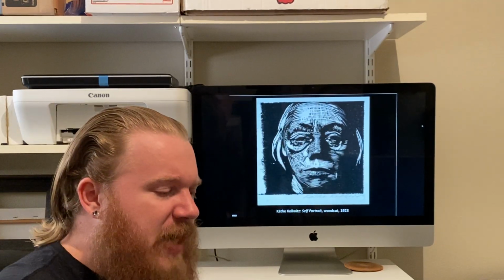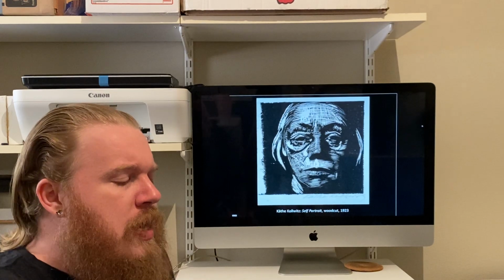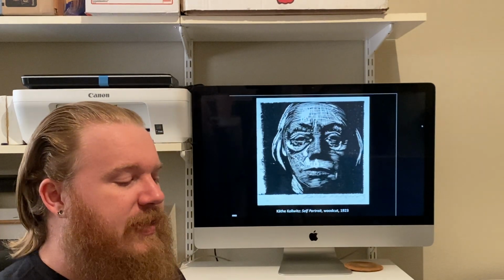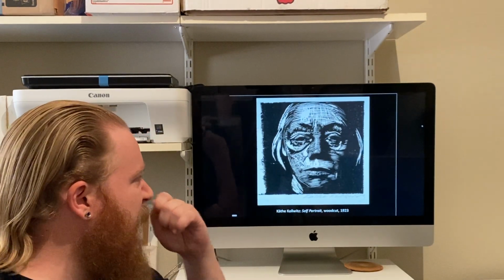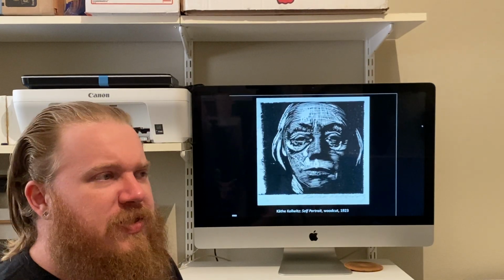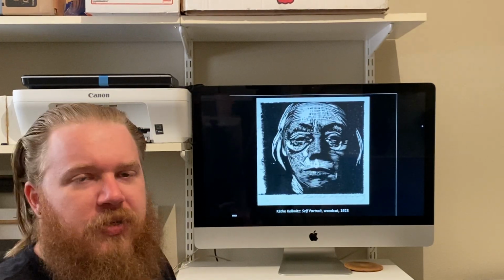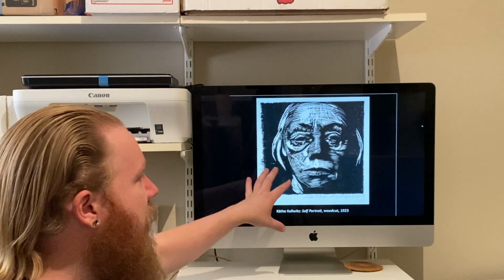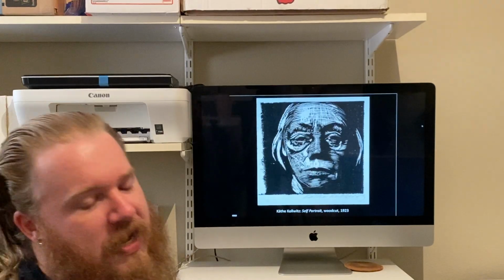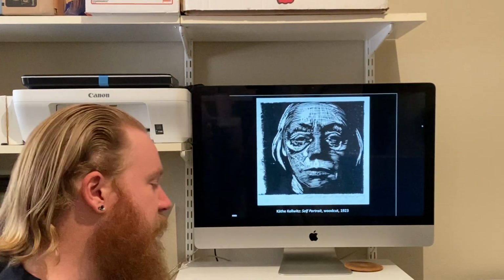Her oldest son died in the First World War, and so a lot of her work deals with that grief that a mother feels for the loss of their child. But it also highlights the stark quality that woodcut print is well known for, especially in the European tradition. So we have this very stark black and white approach, but we can also see cross-hatching being used in this sense.